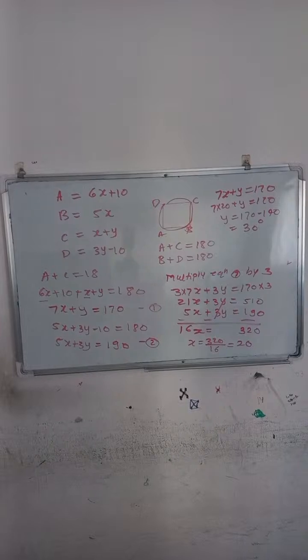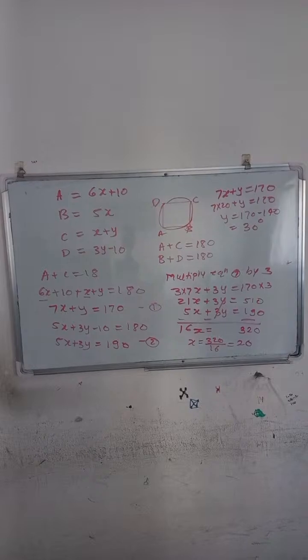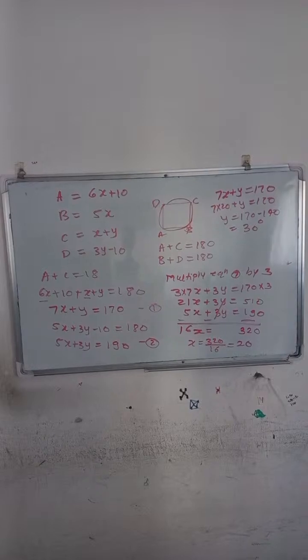Okay. I hope you all are getting it. If you know that the opposite angles of a cyclic quadrilateral sum to 180, then it is very easy to solve. Getting this?